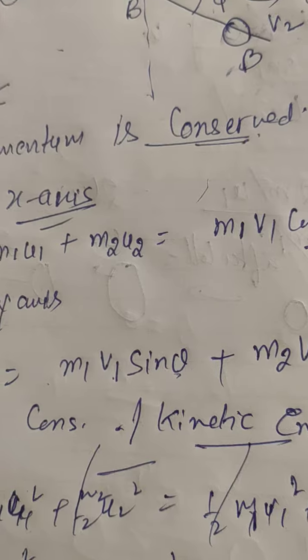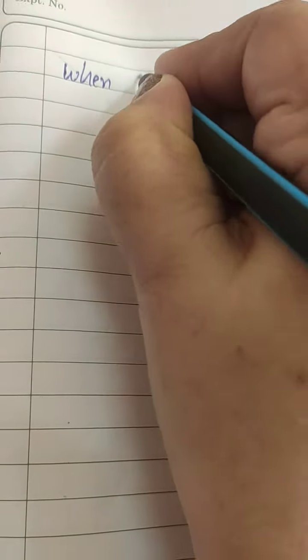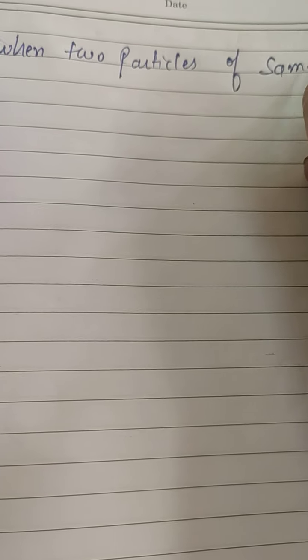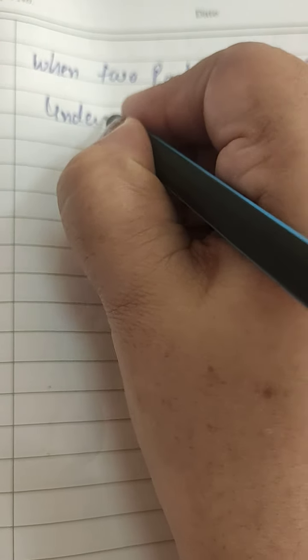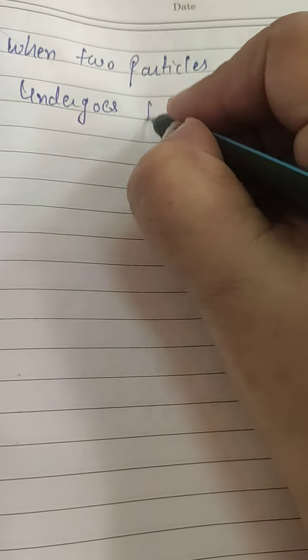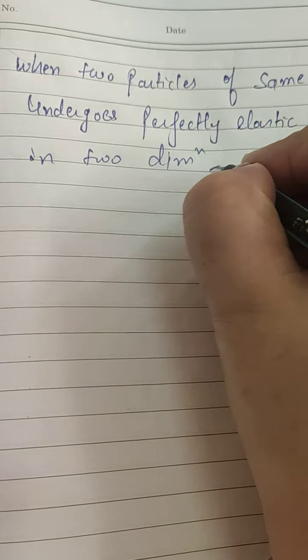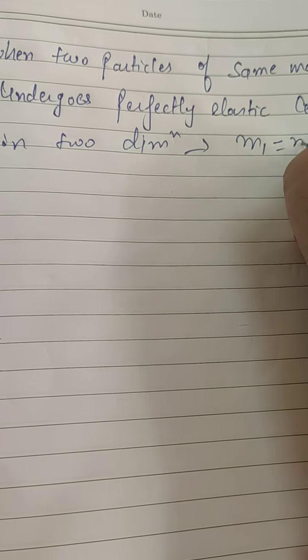The first special case is when two particles of the same mass undergo a perfectly elastic collision in two dimensions, that is, m1 is equal to m2.